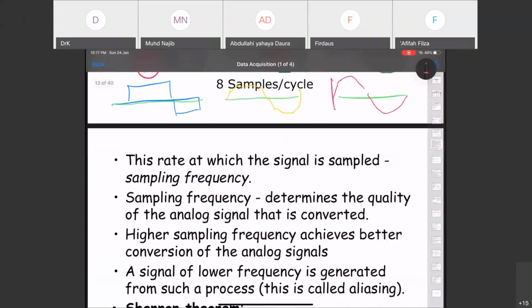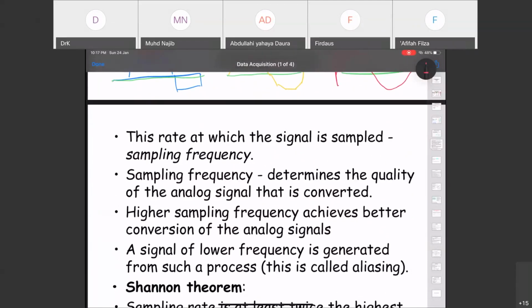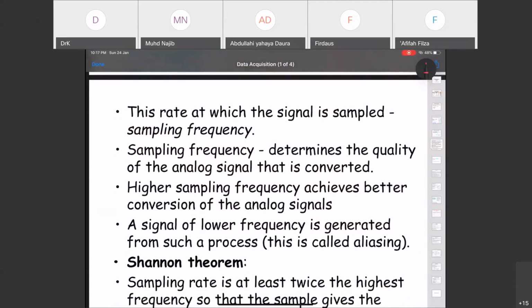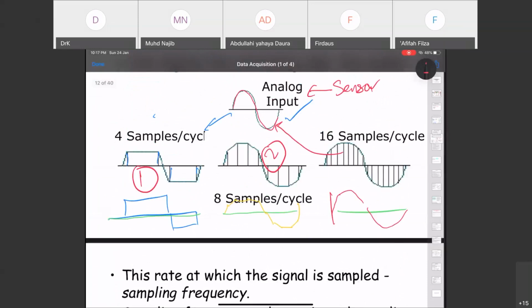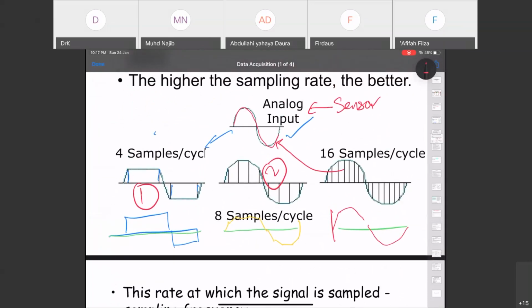Here it says that the rate at which the signal is sampled is called the sampling frequency. Just now we have seen a few sampling rates, and what happens if you sample at the wrong sampling rate: you have, of course, information loss.